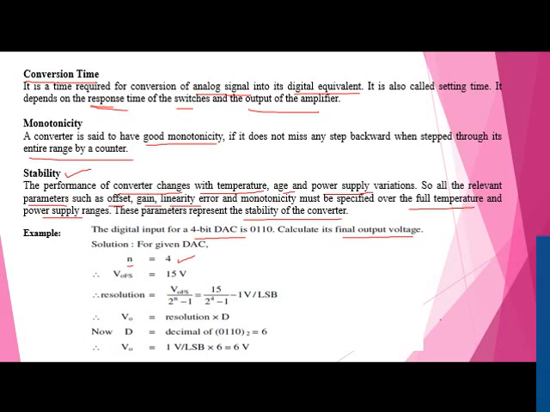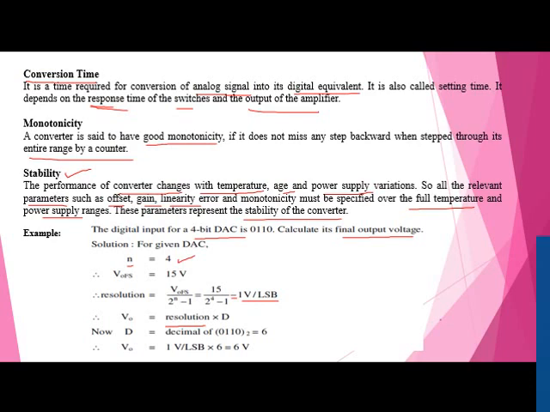Now we can find the resolution: 15 divided by 2 raised to n, that is 2 raised to 4, means 1 volt per LSB. Its resolution is 1 volt per LSB. Therefore, output voltage equals resolution into D, and we convert the binary to decimal form. 0110 is 6. So output voltage is 1 volt per LSB into 6, which is equal to 6 volts.